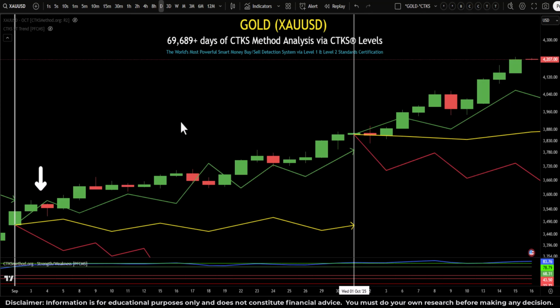When we look back at gold into September, that CTKS path was drawn to reflect structure, not price. It couldn't reflect price because we drew it at the start of the month and then price printed. And we do not alter these paths. That's an absolute no-no. What we want to see is how structure is interacting with price.